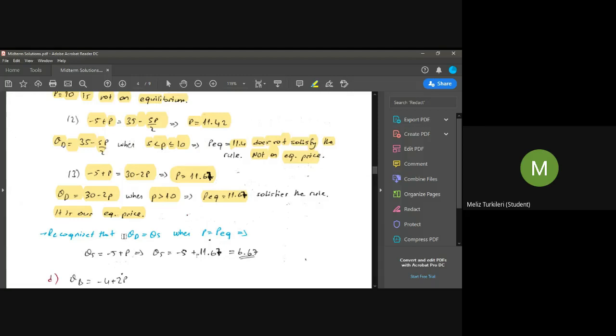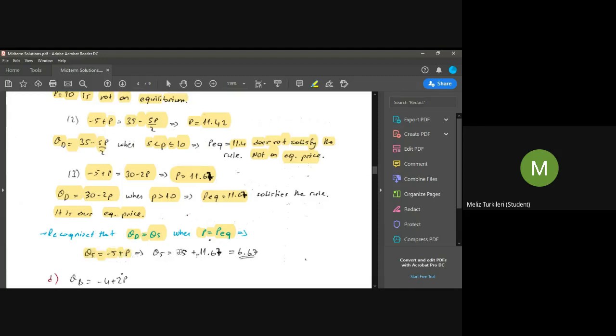Since in the equilibrium, quantity of demand should be equal to quantity of supply, and we know that price should be equal to the equilibrium price, which is 11.67, you can plug 11.67 into the supply or demand function.